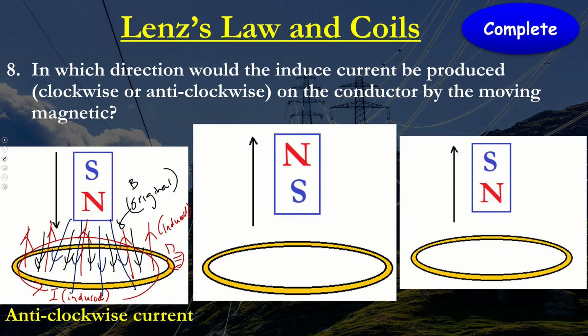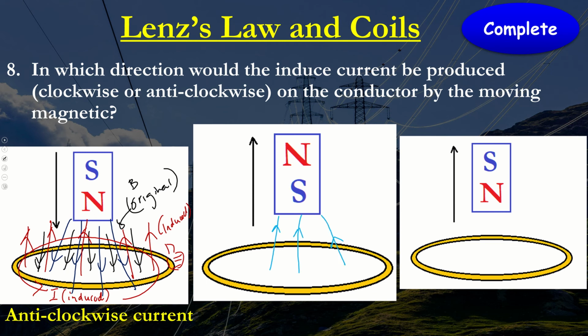Okay, let's look at the example in the middle. Let's also look at what's happening to our field lines. I'll use a lighter color just so it's easier to track. It's a south pole. From the perspective of our conductor, the magnetic field lines are coming out of the page.